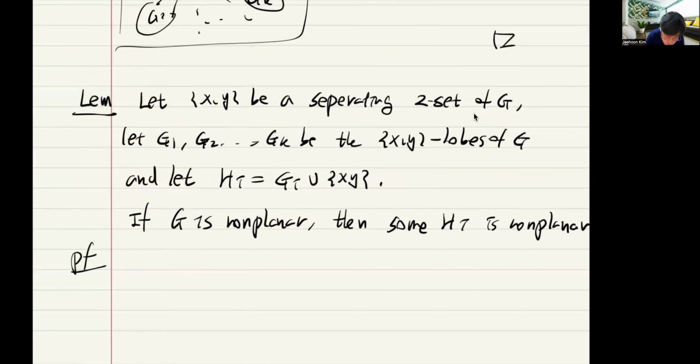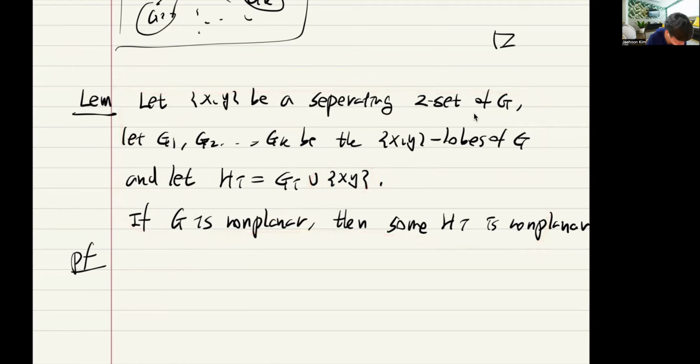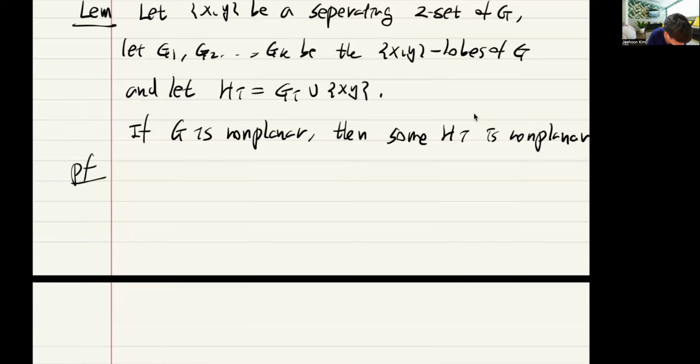And essentially, it's the same thing with the size 2 separating sets too. But there is an additional caveat: here we add an edge between x and y, even if there is no edge between x and y in G. So you will see why this is necessary and why this is useful later. If each Hi is planar, then what?